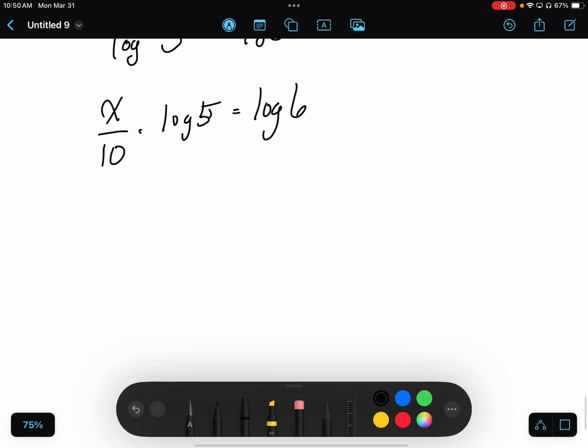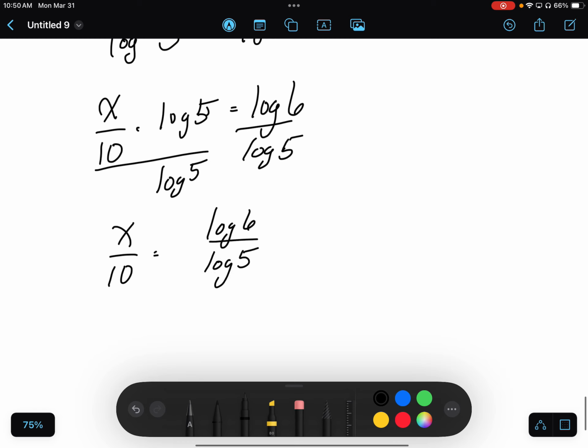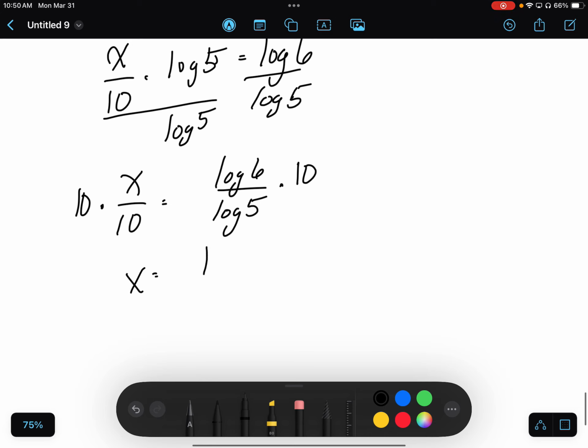And then from here to solve for x, a lot of times we divide by log 5 first, just because people don't like the logs there. And how do I get rid of a divide by 10? Yeah, multiply by 10. So the exact answer would be 10 times the log of 6 over the log of 5.